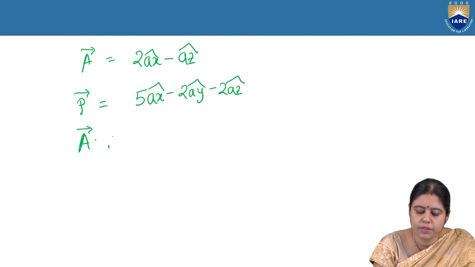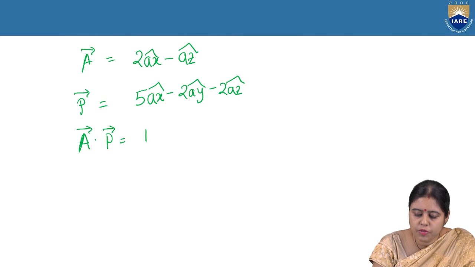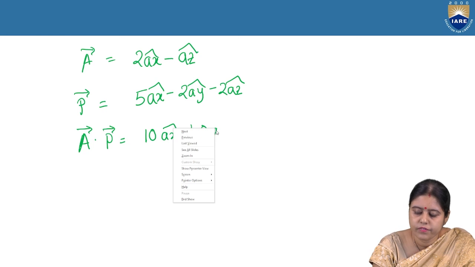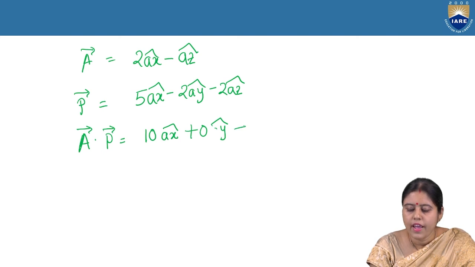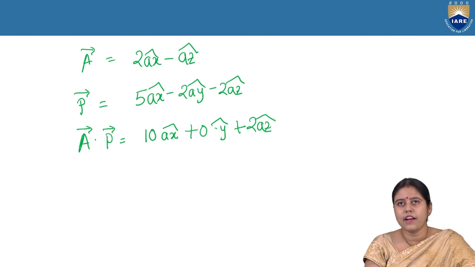A dot B when we are calculating A dot P? A dot P means x terms will be multiplied, 10ax. Y, there is no y term, so it is 0ay. And az, plus 2az. Is this correct?